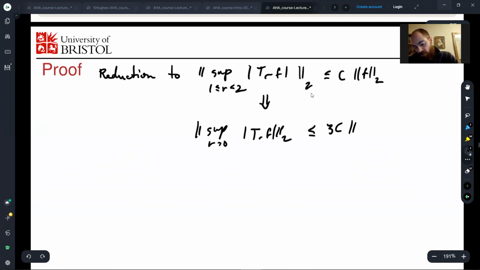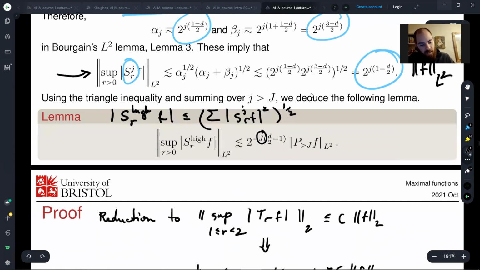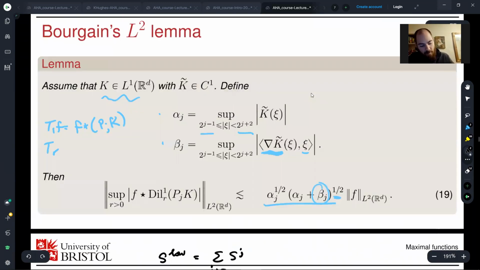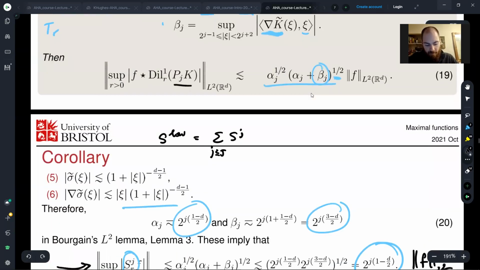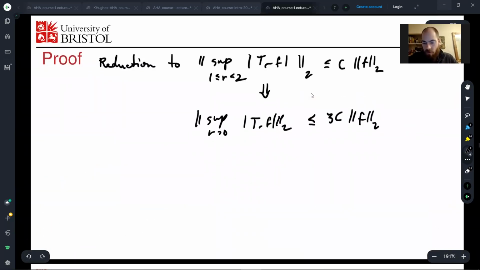It's only a loss of a factor of 3. I get to apply this because my conditions were assuming that k is frequency localized to 2 to the j minus 1 to 2 to the j plus 1.